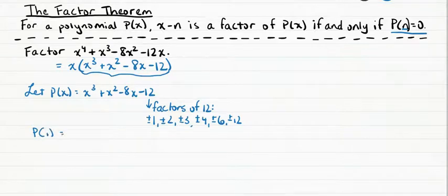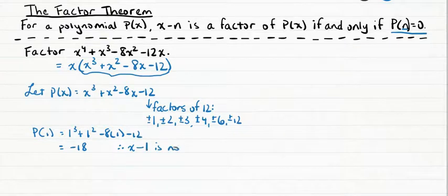If we calculate p of 1, we get 1 cubed plus 1 squared minus 8 times 1 minus 12. And this gives us the value negative 18. Because this value does not equal 0, that tells us that x minus the number that we substituted in, so x minus 1, is not a factor.